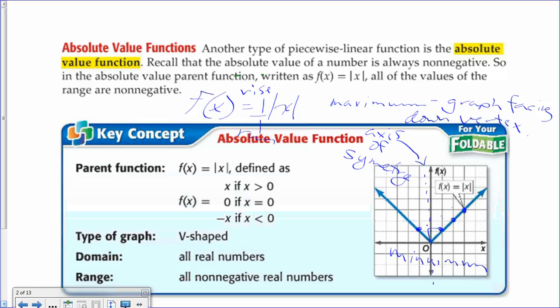Symmetry. That's all Algebra 2 stuff. So that point is a reflection of that point. You guys got it?